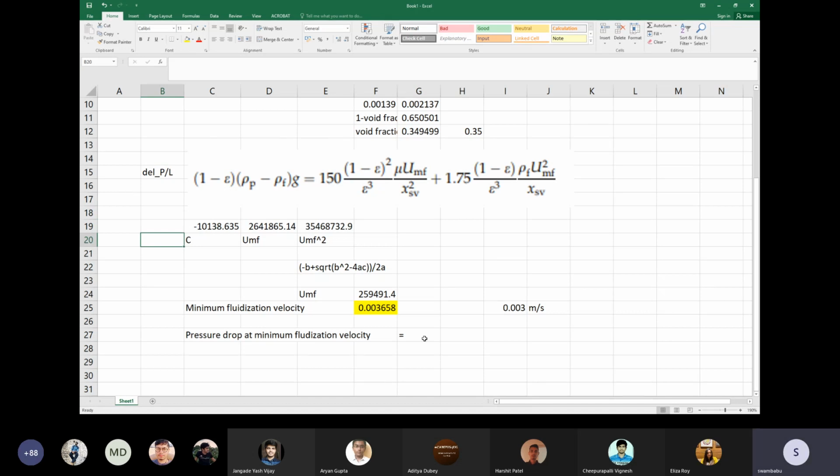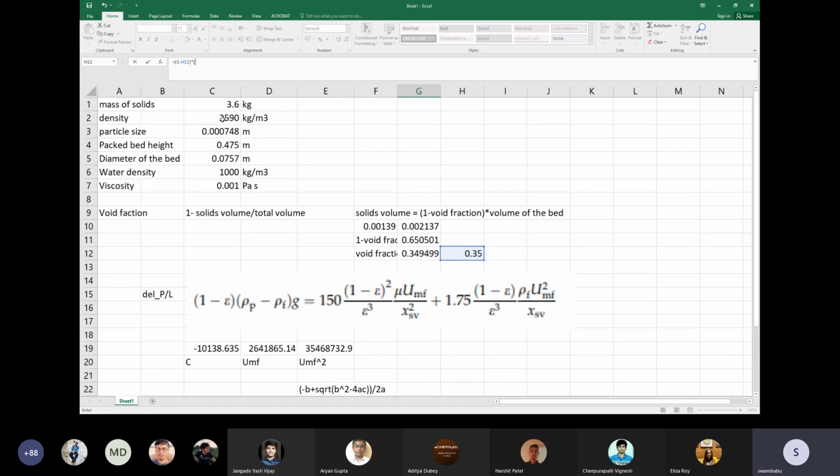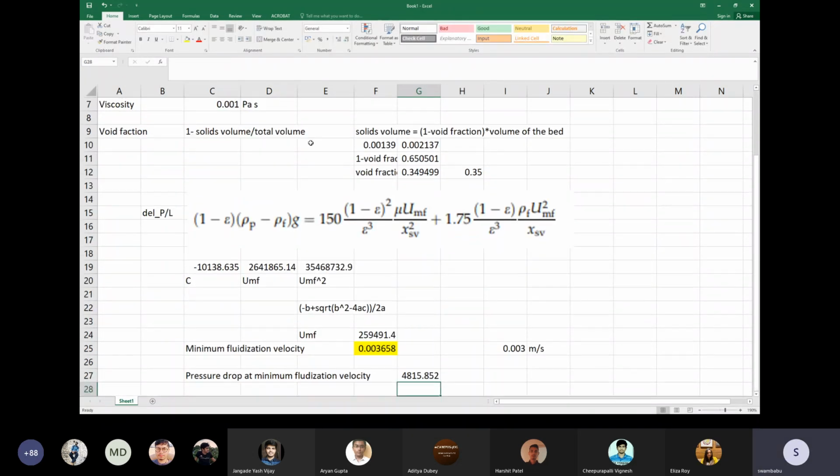So we'll just calculate 1 minus epsilon into rho P minus rho F, into 9.81 into bed height. Bed height is 4.75, and this is in pascals.